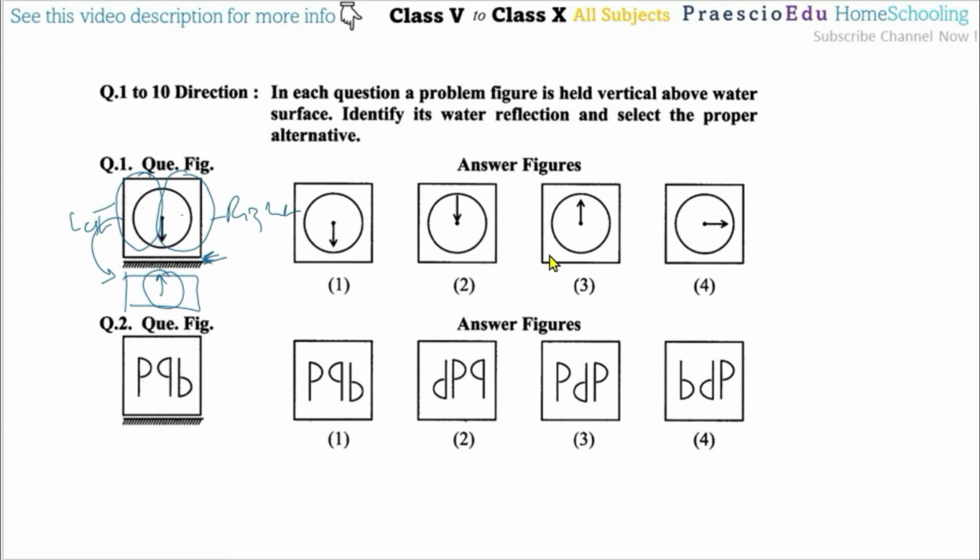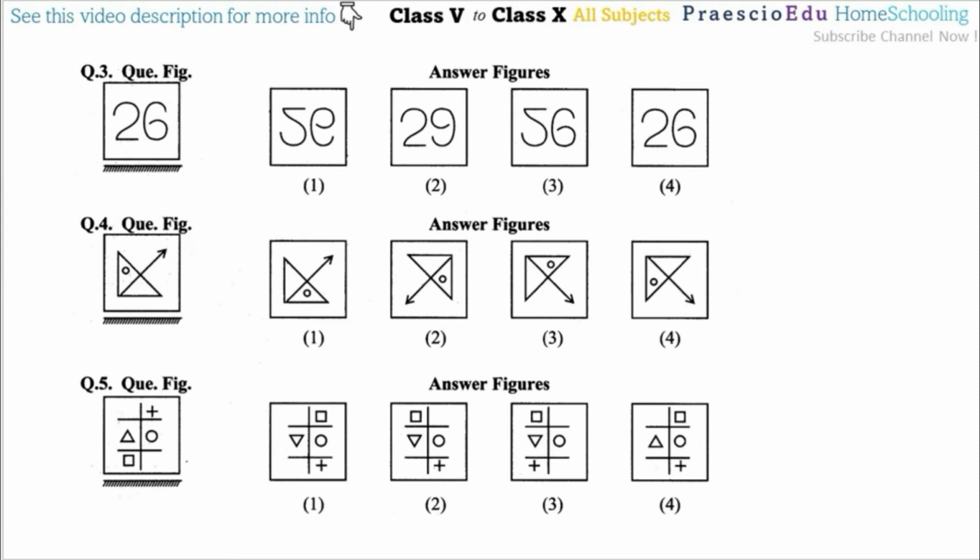For this one, the question number 1 answer is option number 3. Now question number 2, this figure, if you observe carefully you will get the proper solution, option number 4. Now question number 3, this figure has the correct option in option number 1.